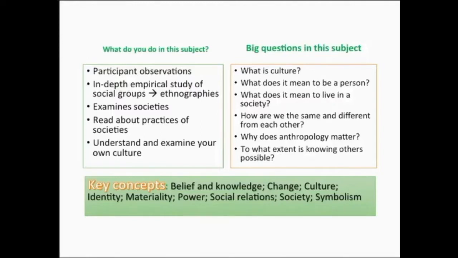Speaking about methods, we learn how to do participant observations, we learn how to do empirical studies of social groups individually and in groups or in pairs. We examine societies, we try to understand our own culture and analyze different aspects of our own culture. We also have nine key concepts, and these key concepts are like the skeleton of our subject.